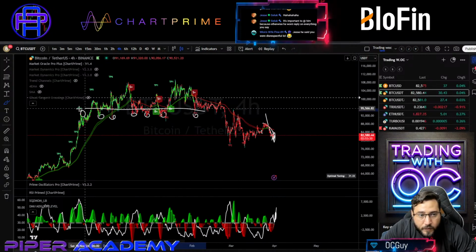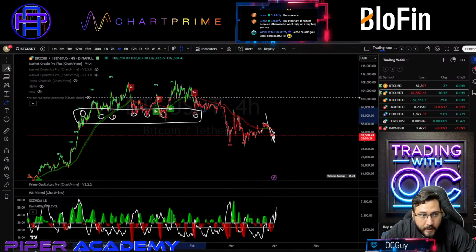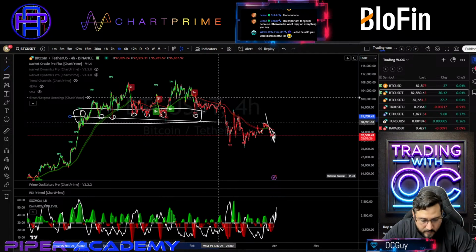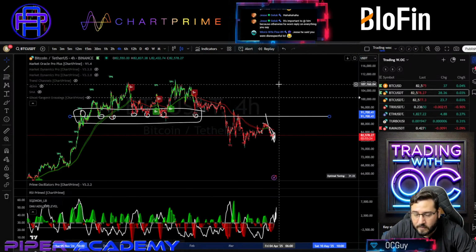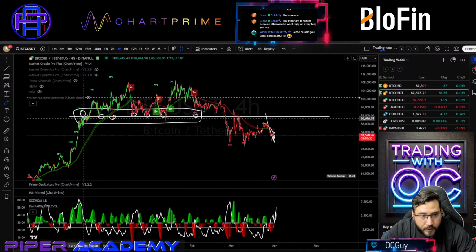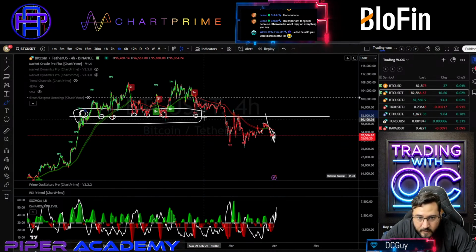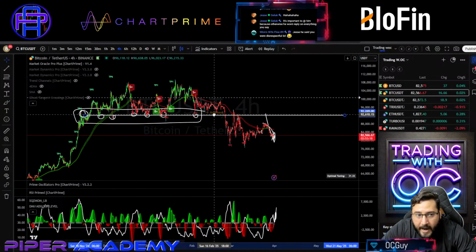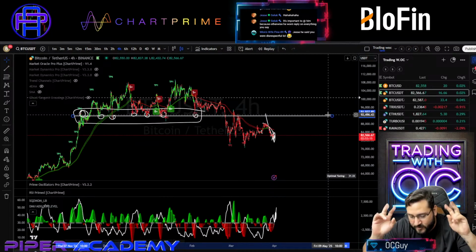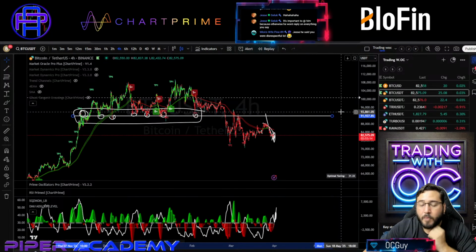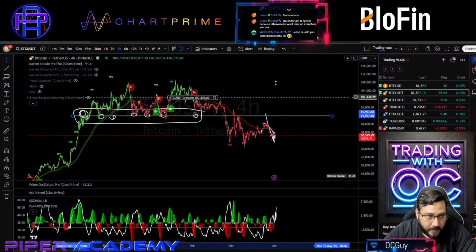Based on those, I can create a support resistance line, right? So I'm using this data, and I don't care how it reacts, but most likely it will react, right?